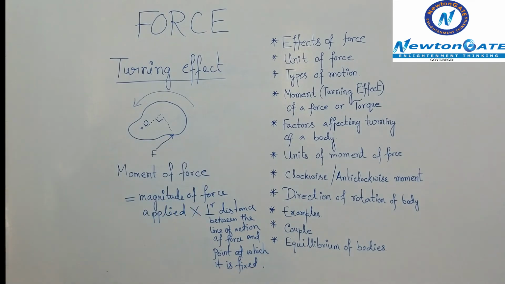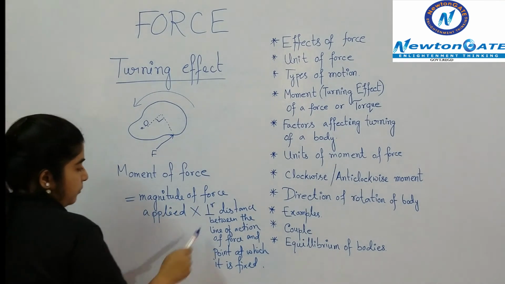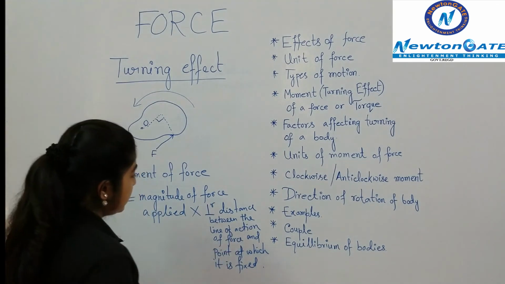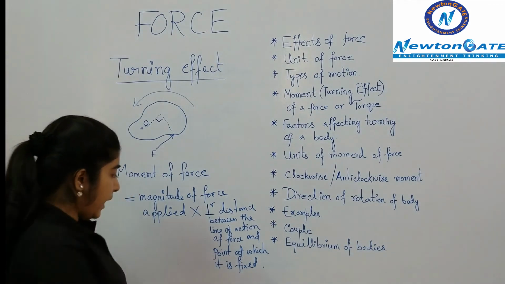This is the formula for moment of force. So moment of force is the product of the magnitude of force applied and the perpendicular distance between the line of action of force and the point at which it is fixed.